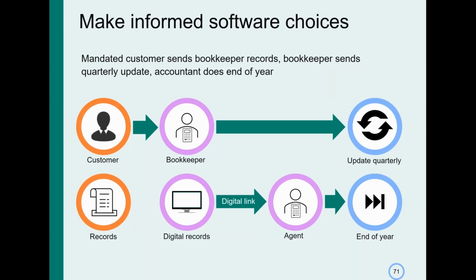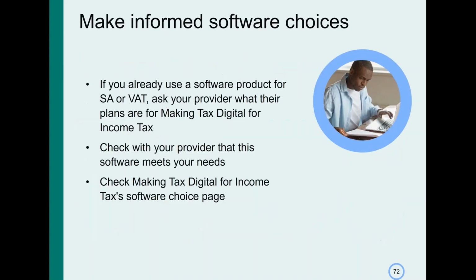If you already use a software product for self-assessment or VAT, ask your provider what their plans are for Making Tax Digital for income tax. Check with your provider that this software meets your needs, and check the Making Tax Digital for Income Tax software choice page on gov.uk.